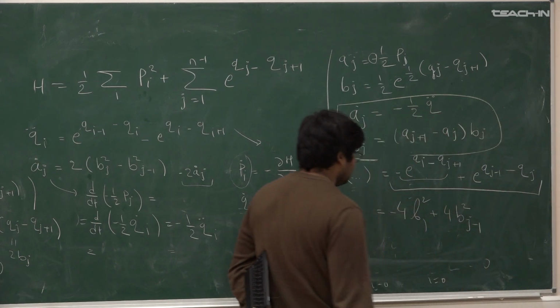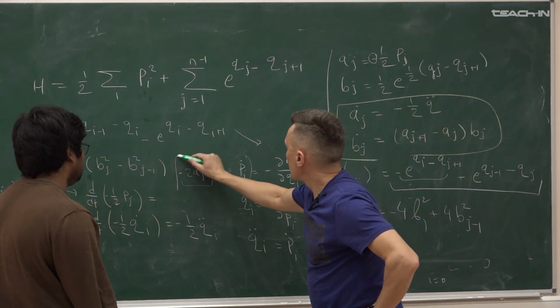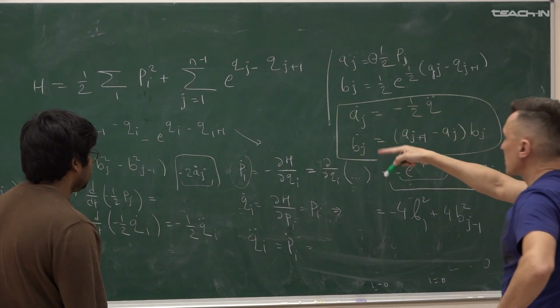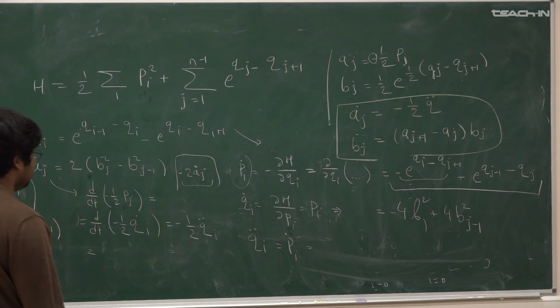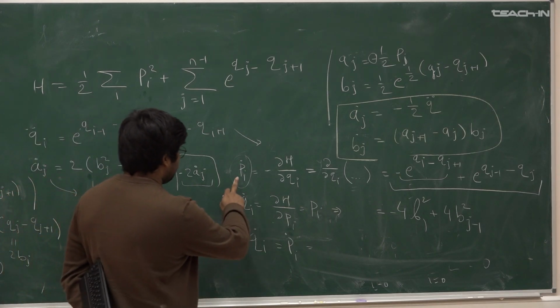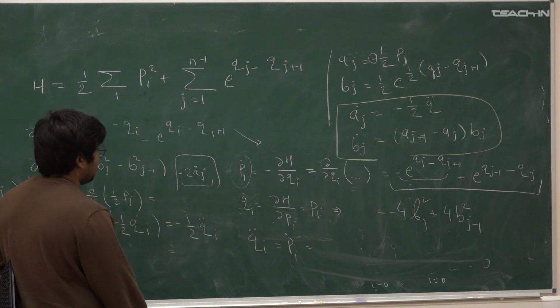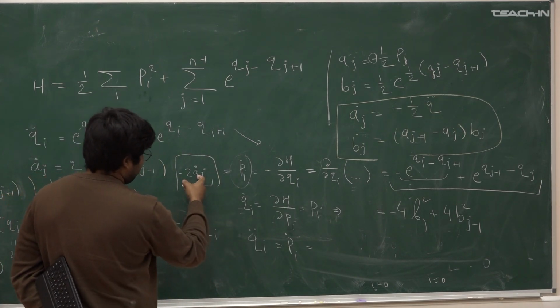Very good. So it's a description, but could you now write down the equation on aj dot? So we got pi dot is equal to this. And then pi dot is this.